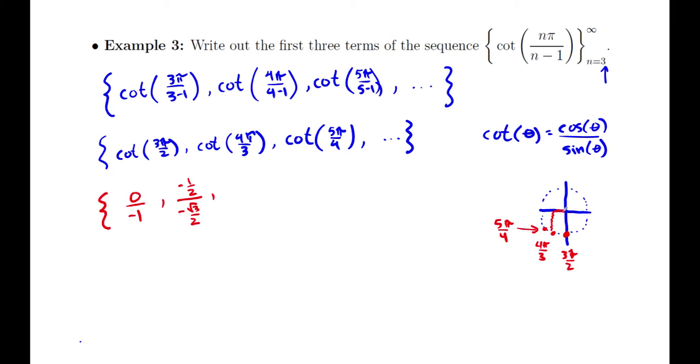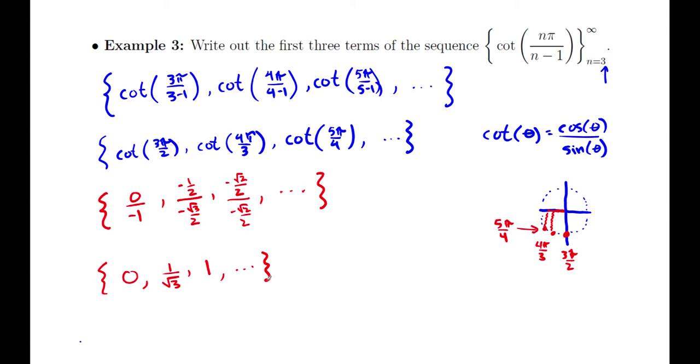And this one, remember, anytime you're dealing with a fourth of pi, the sine and cosine are the same. So that's -√2 over 2 over -√2 over 2. We can do a little cleanup here. Of course that first term is 0. For the next I multiply by the reciprocal, and I end up with 1 over √3. And then here, of course, I get 1. And it goes on from there.